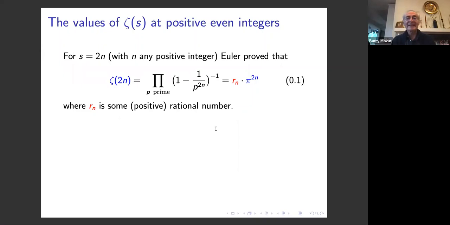A little more than a tiny bit of calculus is a theorem of Euler. Euler computed the values of the zeta function at positive even integers.